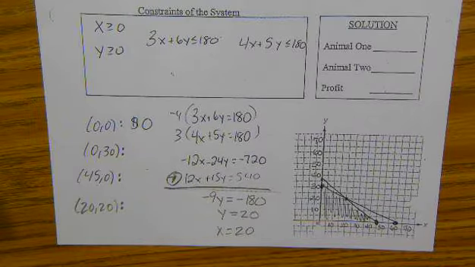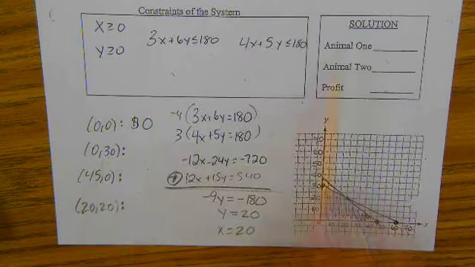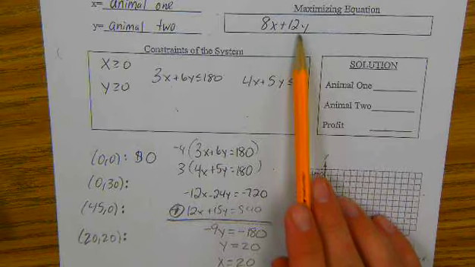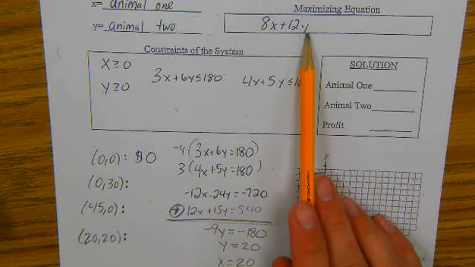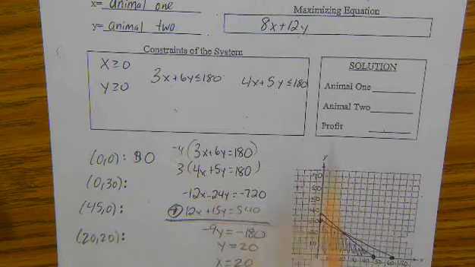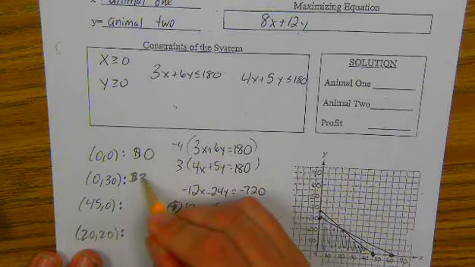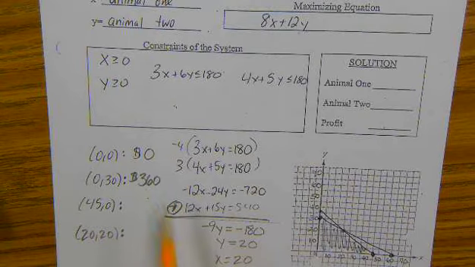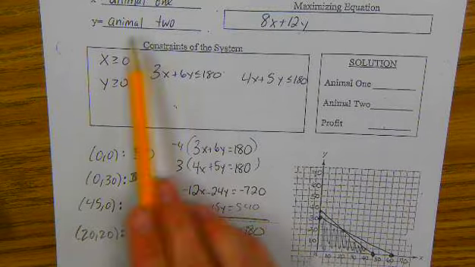So now I will continue this. Okay, (0, 30). I would plug 30 in for the y there. Okay, so that would be 12 times 30. That's $360 if they produce 30 of animal 2.